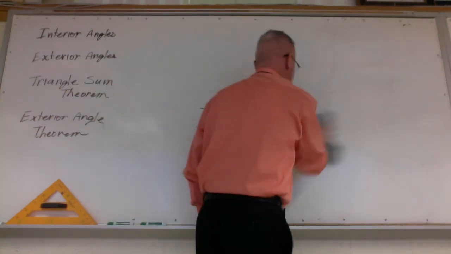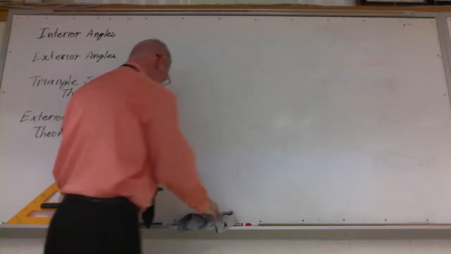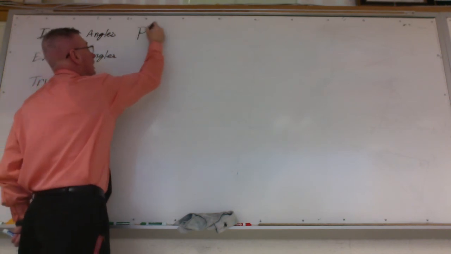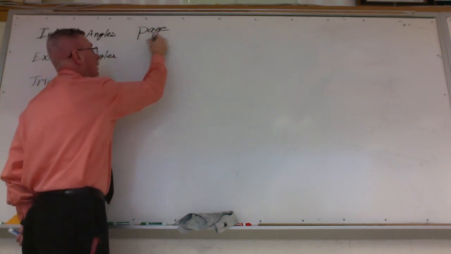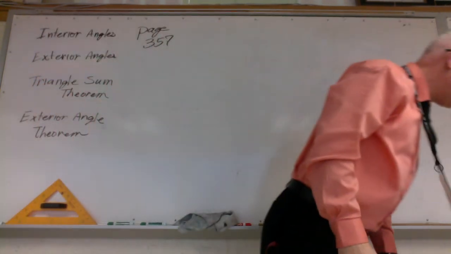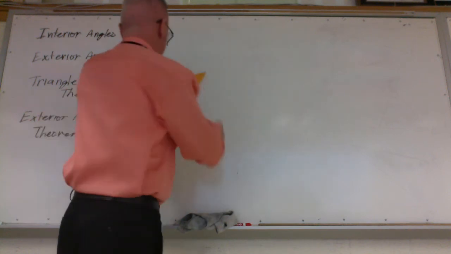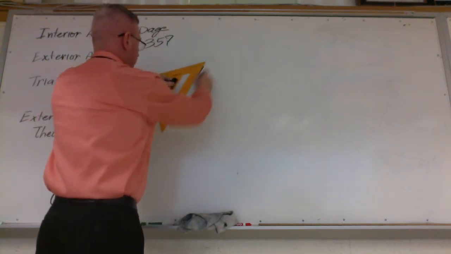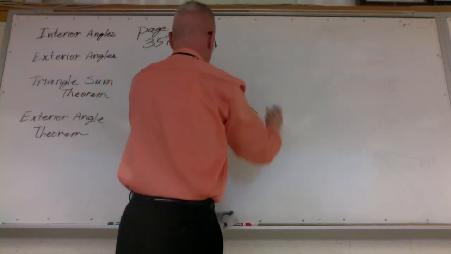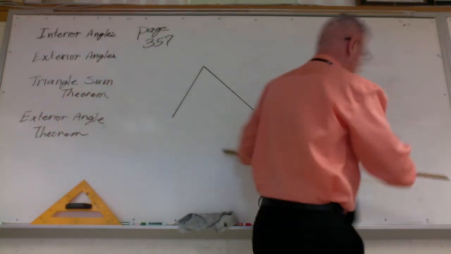All right, so the last thing we're going to do is on page 357, also on page 357. I've got a triangle that looks like this. And then we've got this long line going this direction.